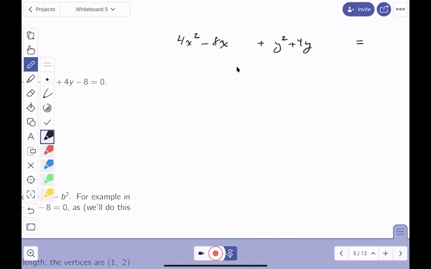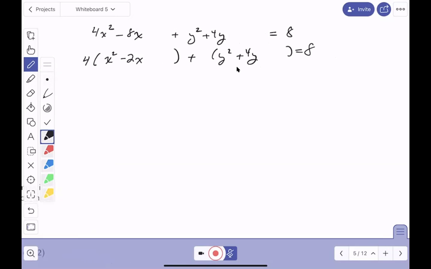Again, I'm hoping your memories are coming back. What I would do is I want to complete the square, but the way I do squares, I want a coefficient of 1 on the x squared term. So it's going to be 4 times (x squared minus 2x) plus y squared plus 4y equals 8.